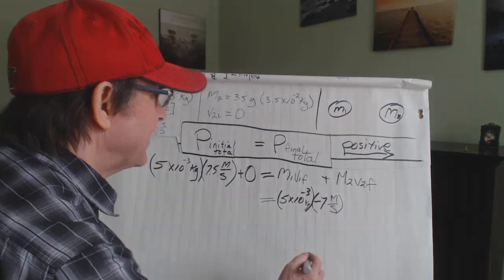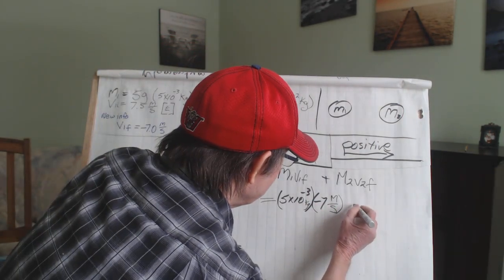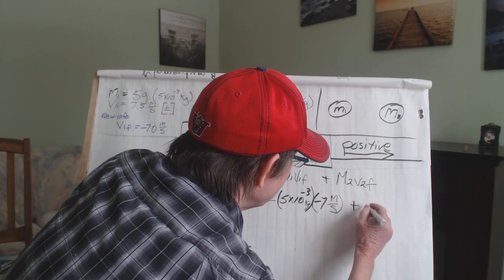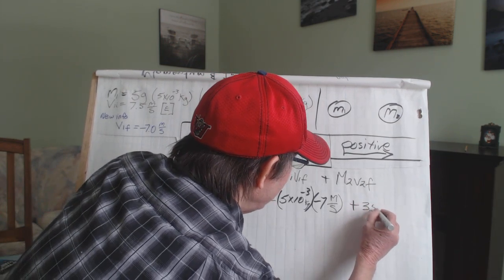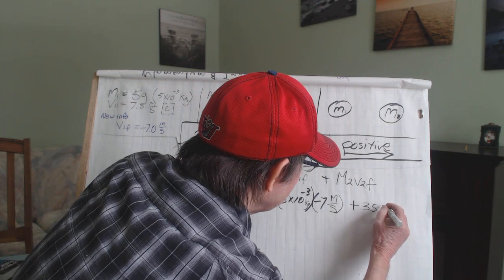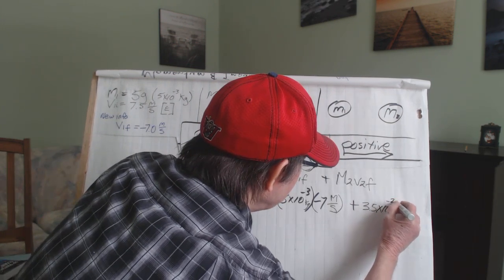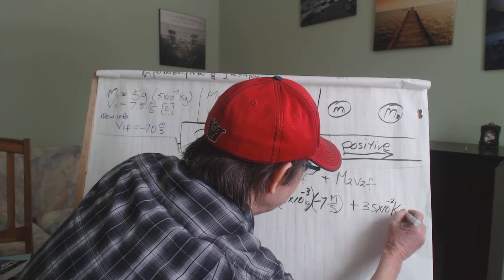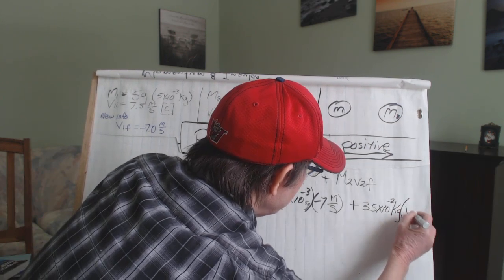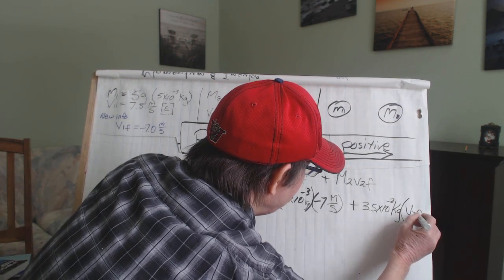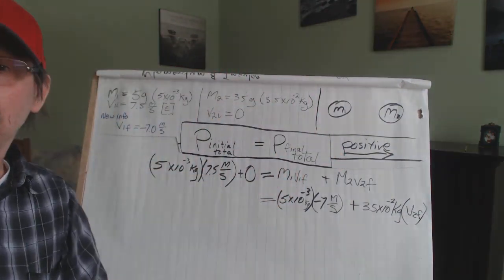kilograms, plus 3.5 times 10 to the minus 2 kilograms, v2f. How does that come out?